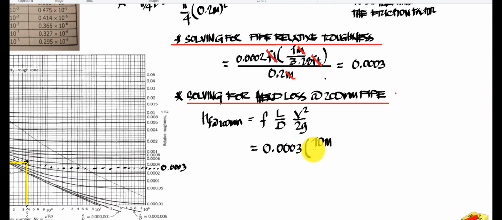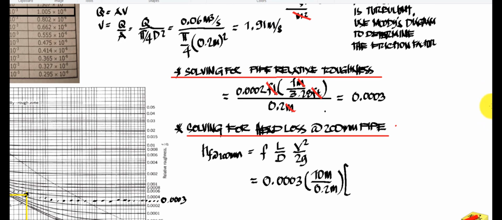So 10 meters divided by the diameter, which is 0.2 meter. Then we multiply by the velocity we obtained, which is 1.91 meters per second, squared, divided by 2 times 9.81, squared.